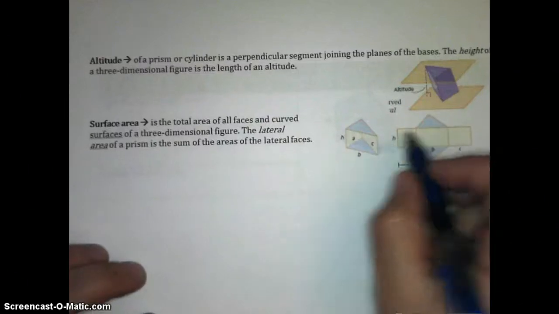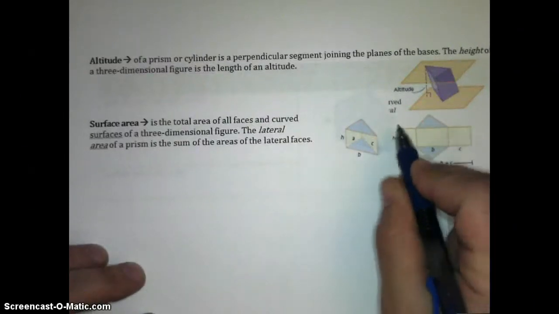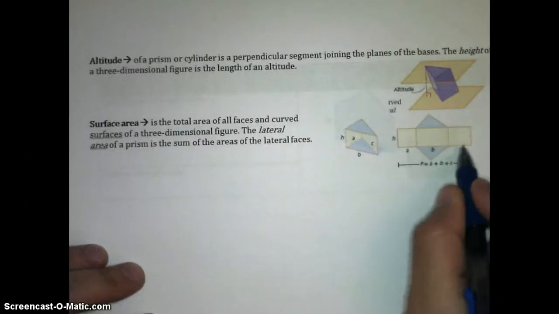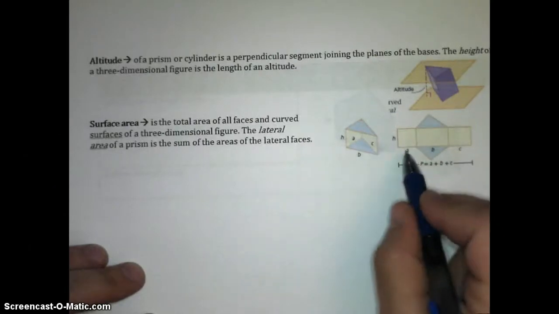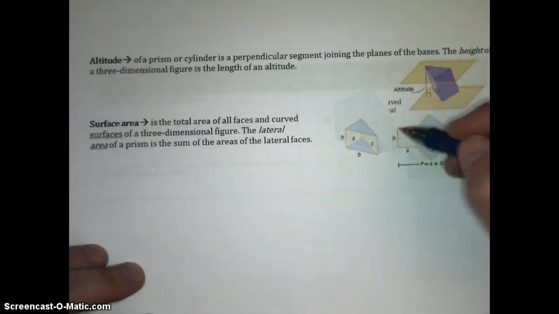If we take this apart and look at the net, this rectangle making up the lateral area has a length, or a base rather, of these sides of your base figure. In other words, the perimeter of your base figure makes up that base of this rectangle. The height of your rectangle is the altitude of the prism.